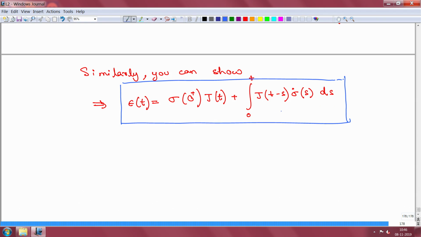Just because it exists in a different format does not mean that the two equations are any different. You just have to recall that we have always assumed that there is a jump at t equal to 0, so this expression is valid for that kind of case.